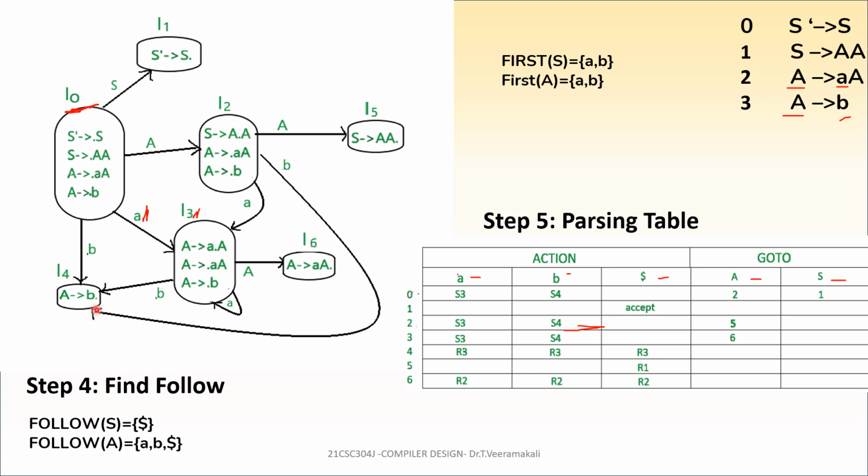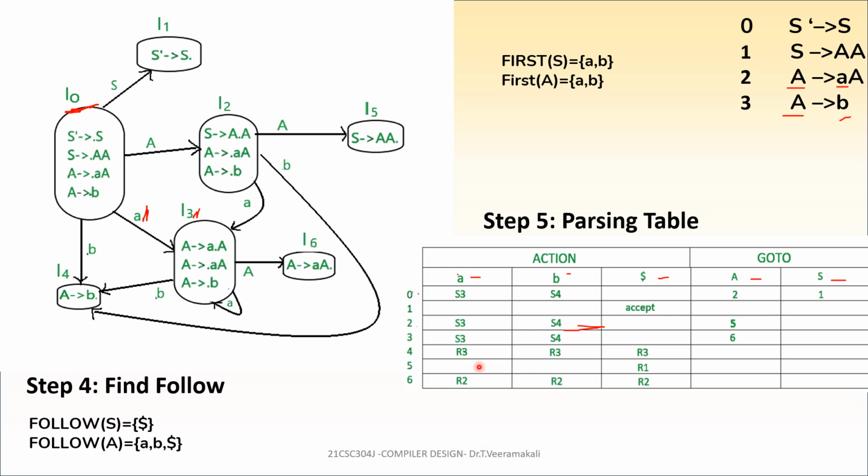So if you see the remaining production rules over here are I5, I4, I6. In the I4, since you don't have any terminal or non-terminal after this dot, it must be the reduce function. So I4, that is 4, 5, 6 is going to be the reduce function.